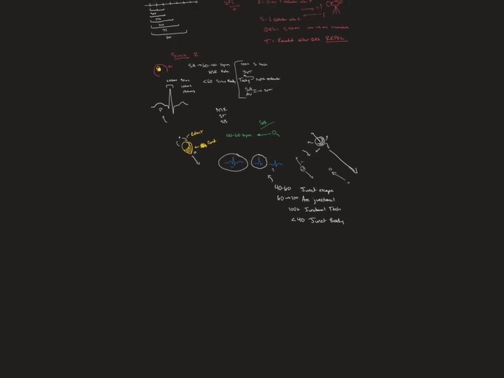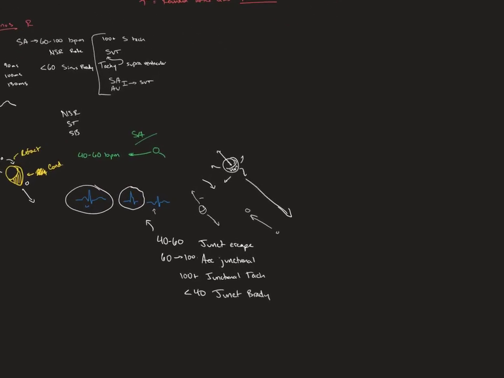And while we're at it, let's really quick segue into just atrial rhythms, because you can have, and this is basically, so you have wandering pacemaker and you have multifocal atrial tachycardia.